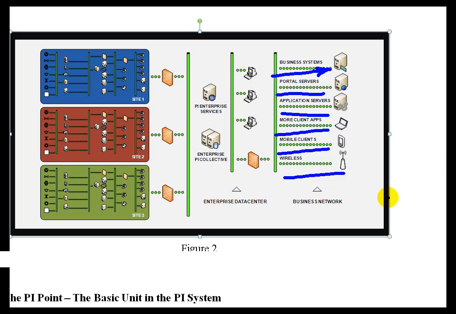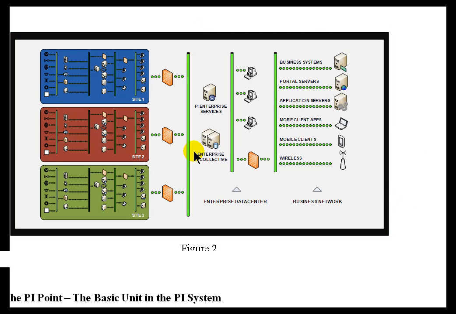I don't think this picture would be complete if we didn't mention that in addition to getting all the data from manufacturing and bringing it to the users who need it, these enterprise systems themselves consume a lot of resources, and we do have tools for monitoring those resources. So it's not unusual at all to see a customer who's using Pi for monitoring his manufacturing process also use Pi in his data center so that he can monitor things like heat or energy, so he can better run his data center.